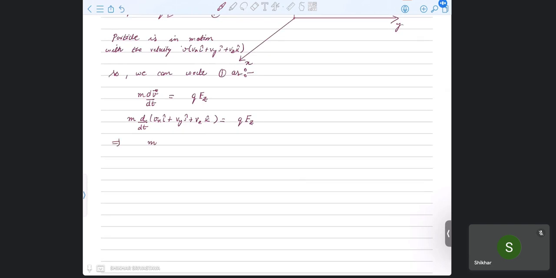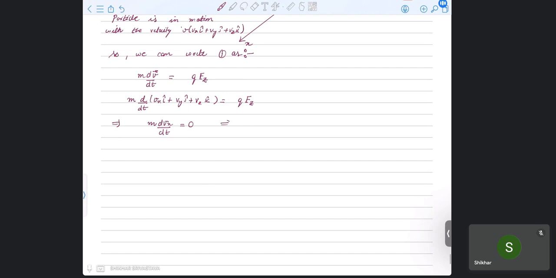So m dvx by dt is equal to 0. That means if you integrate this, you will get some constant value, that is some initial velocity in the x direction. Similarly, you will equate the y component; there is no y component of electric field, so it is 0.